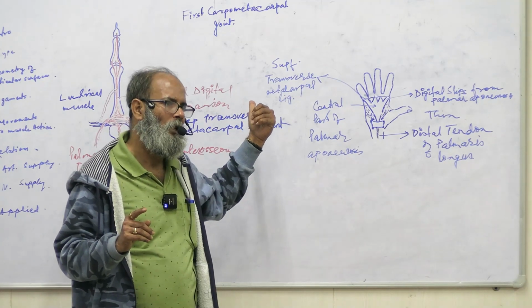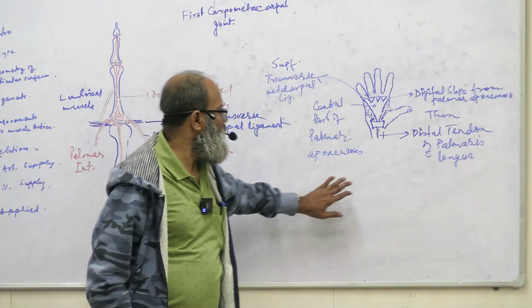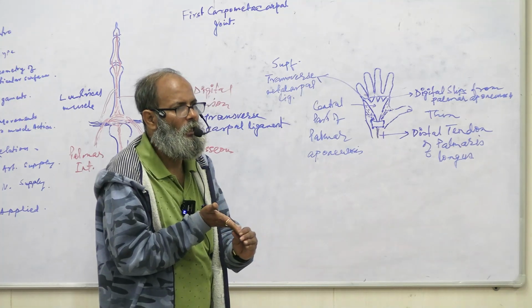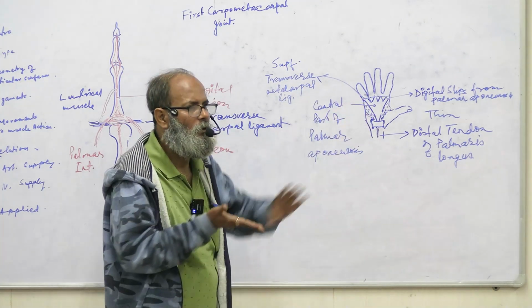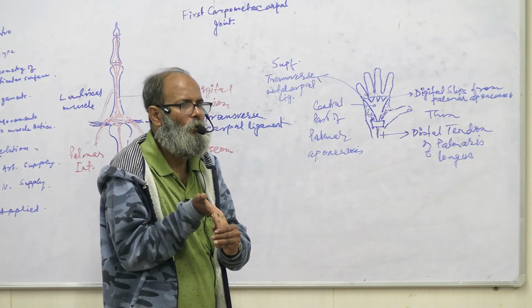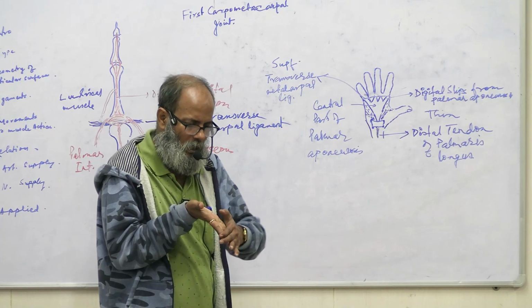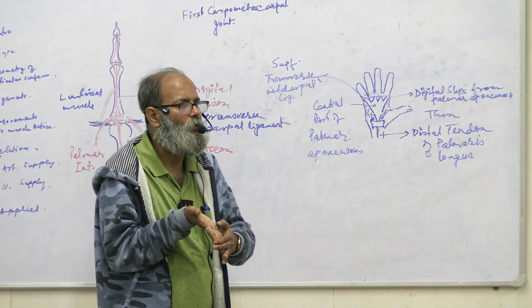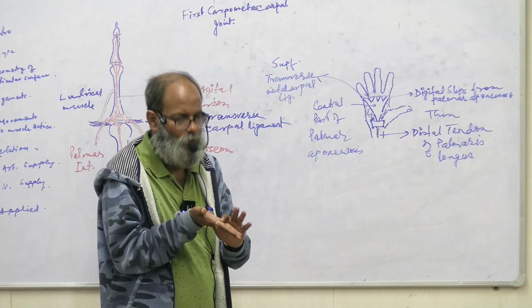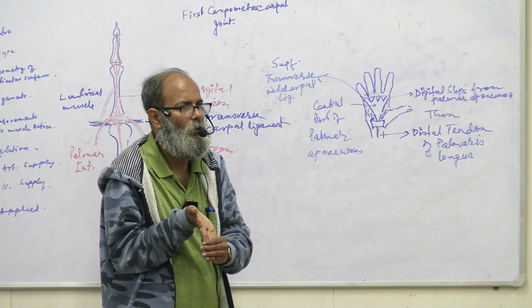Now, if you forcibly extend your finger, you will see that in the gap between these digital slips, the soft tissue bulges out.